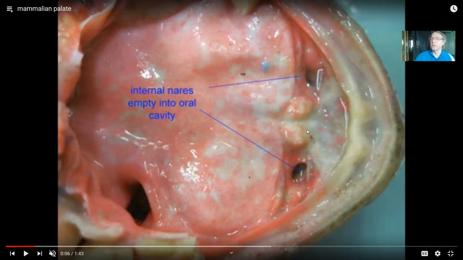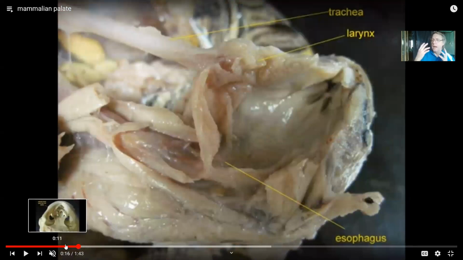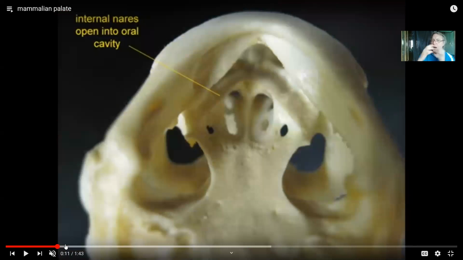So if you look at the internal nares, say, of the frog, notice that they empty into the same space as the oral cavity. So even though there's separate holes on the outside for nostrils and a mouth on a frog, they empty into the same space. The same thing would be true of a turtle.